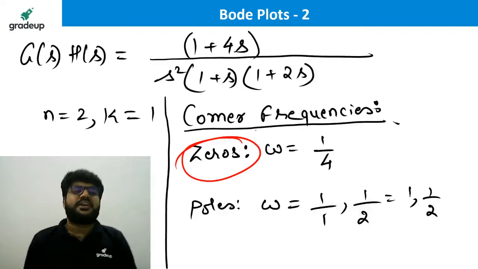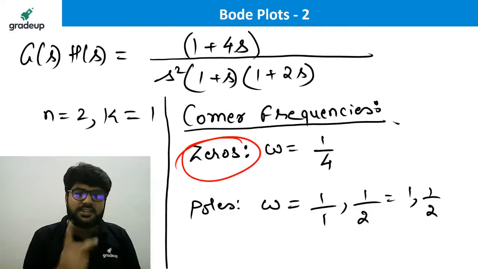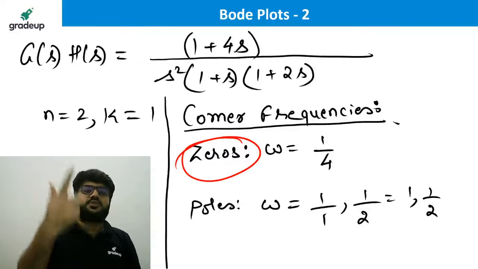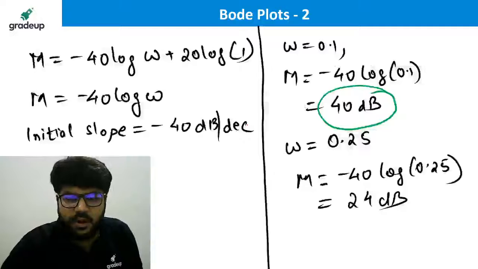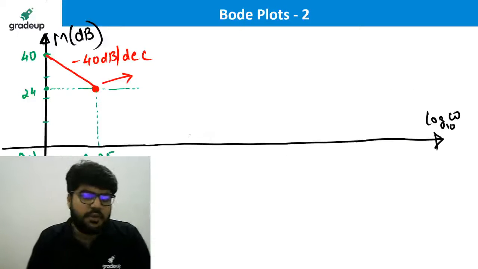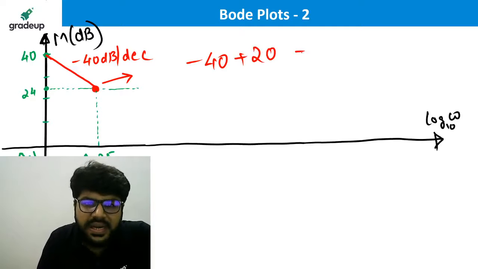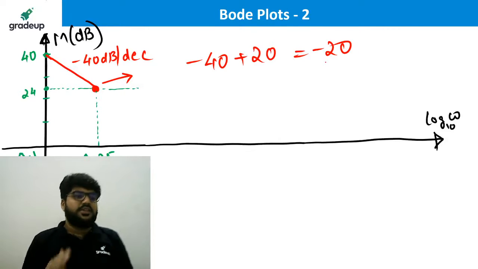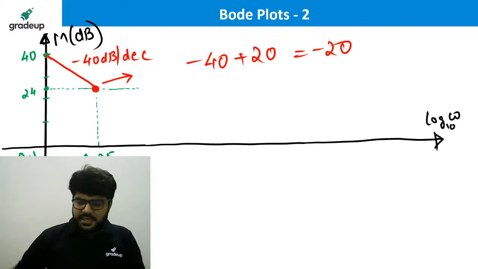What is the effect on the slope when a zero comes? For a zero, it is plus 20. So let us come to the plot once again. Minus 40 is the current slope, and you will add plus 20, so that is minus 20. The slope is added, and as I told you, if the slope is added, bend the line upwards.